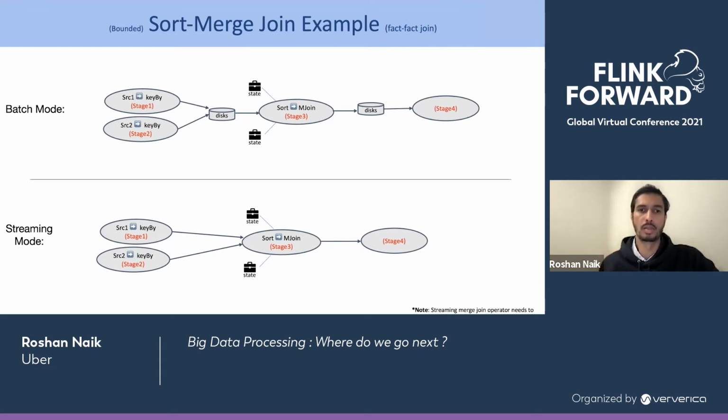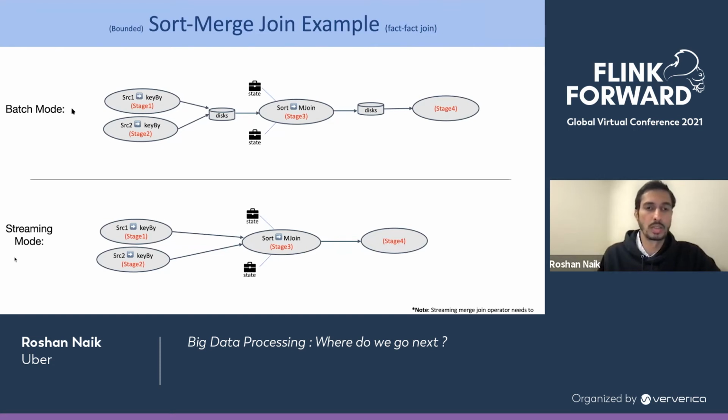I'm taking a somewhat extreme example which is considered to favor batch mode conventionally, which is a fact table join. So we are joining two bounded inputs of a large size, and we're going to compare how many resources it requires in batch mode versus streaming mode.